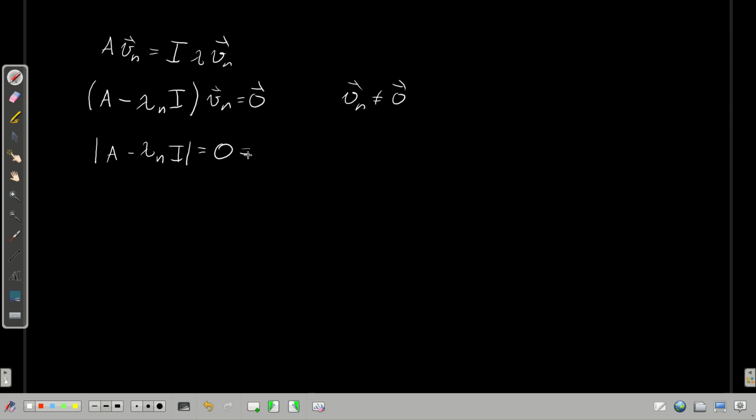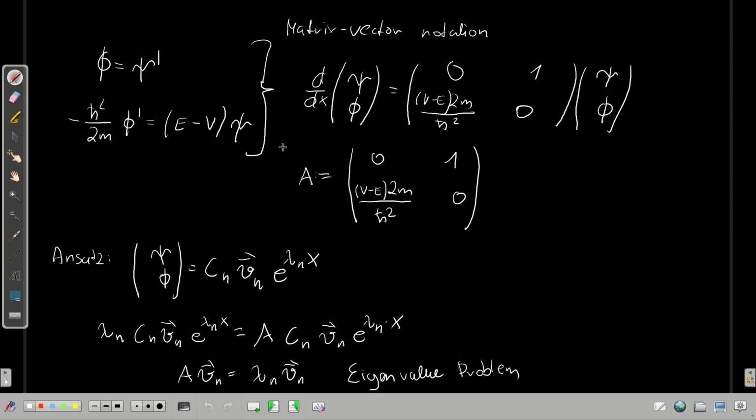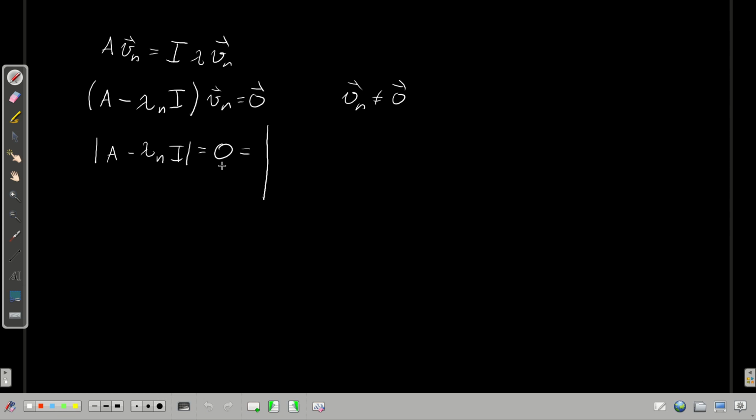And we can write out this expression. We know A from above. So this is the A matrix. And the diagonal elements are now in this expression minus lambda n. So write it down here, minus lambda n. 1, V minus E to m over h bar squared.